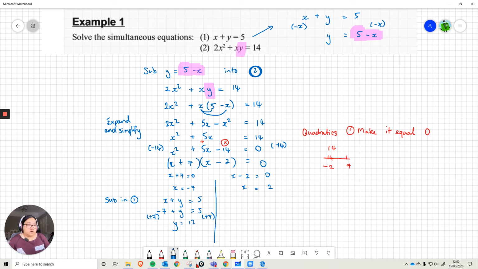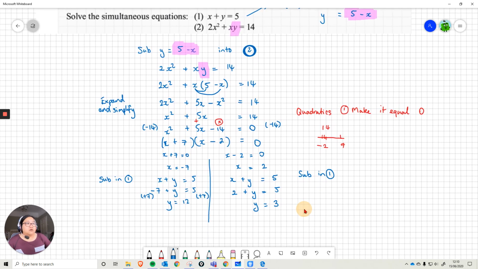Okay, so that's the first answer. In the second one, again, I'm going to substitute into the first equation. X plus y equals 5 again. This time it's 2. 2 add 3 equals 5. So I know y is equal to 3. If you want to, you can then substitute both of these back into the second one to check if your answers are correct.